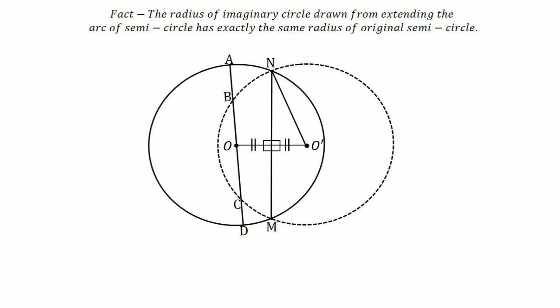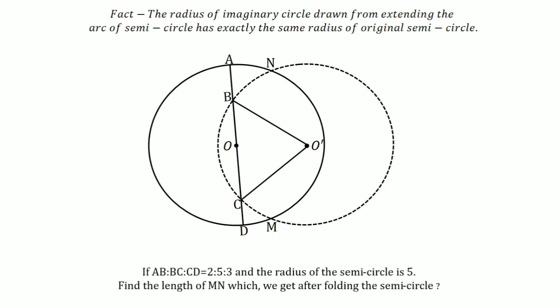Now join O'B and O'C, and we know that these are radii of the circle centered at O', and we have been given this information. So from this we find that AB is equal to 2, BC is equal to 5 and CD is equal to 3.